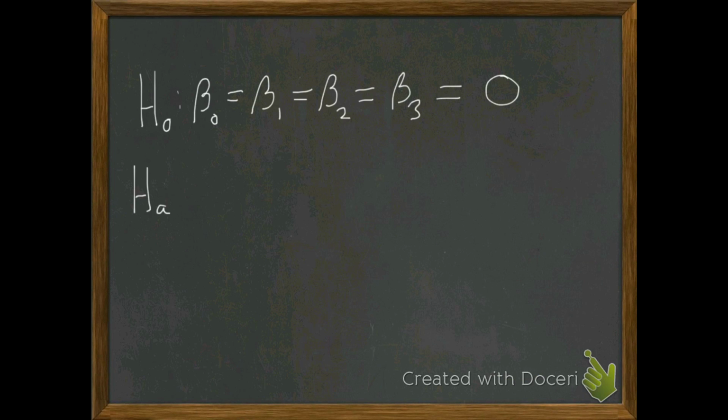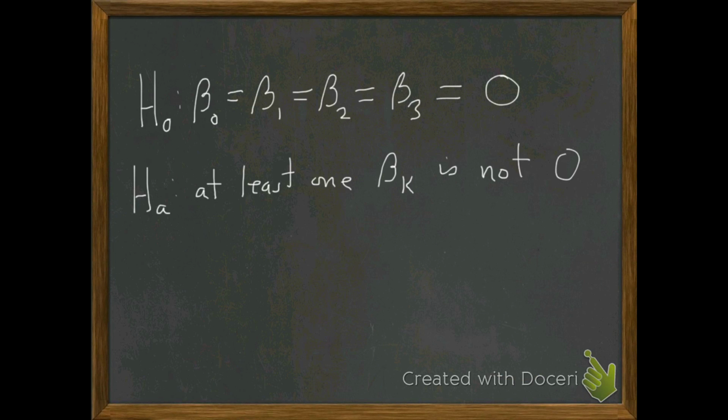If we reject the null, and I have no idea whether we're going to reject it yet or not, it's going to be based on our degrees of freedom with the test statistic of 6.67. So our alternative hypothesis is at least one of the beta sub k's is not equal to 0.